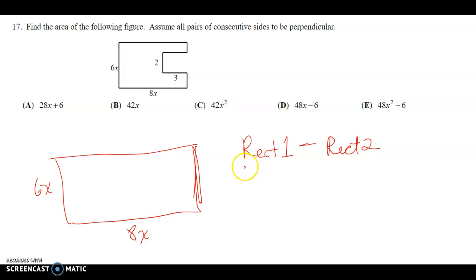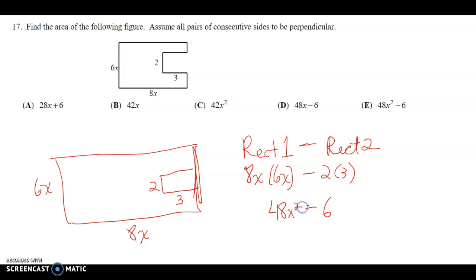The area of a rectangle is length times width, so I have 8x times 6x. But my inner rectangle here is going to be 2 by 3, so that's just 2 times 3, or 6. So I have 48x squared minus 6, and I could see that my answer is right here at E.